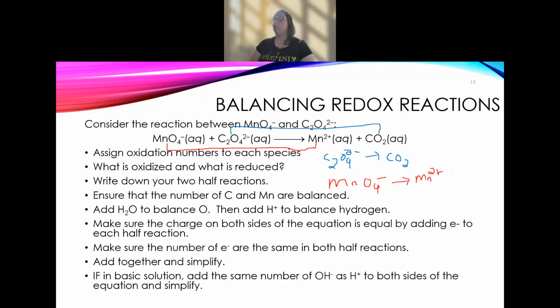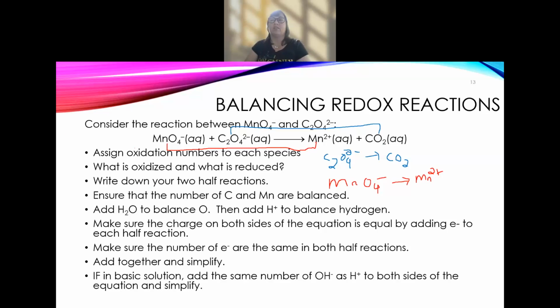I'm going to show you on this slide a condensed version of what you're going to see on the paper. So if you're looking at this lecture, please go print that paperwork out so that you can see exactly what I've done on that paper. So write down our two half reactions.